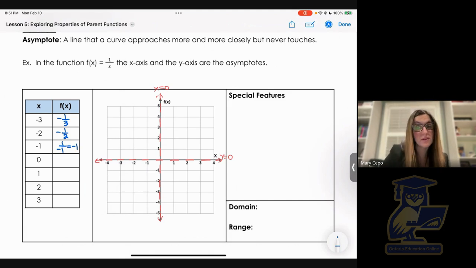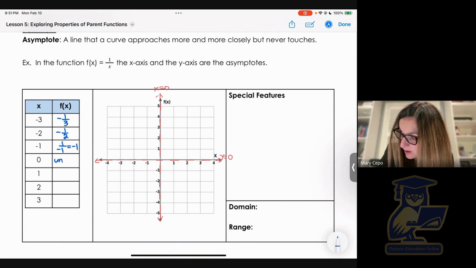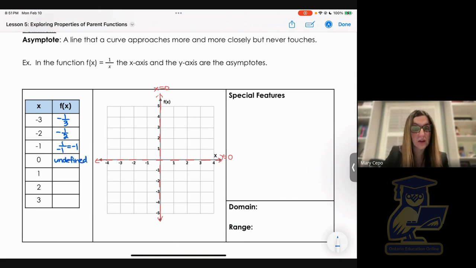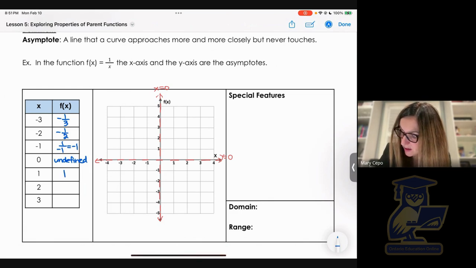Now, if you were to substitute 0, we know that 1 divided by 0 is undefined. So this is actually where we would have our asymptote. It is undefined. That means the function doesn't exist at that point. Substituting 1, we get 1, then 1/2, and then 1/3.